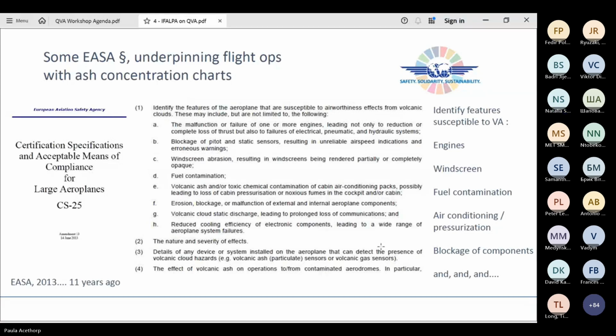All of this is what the airline has to write down in a safety risk assessment. While I have been into ash for quite a long time, I haven't seen a real good safety risk assessment. I haven't seen any full safety risk assessment. They must be thick, and I don't know them.